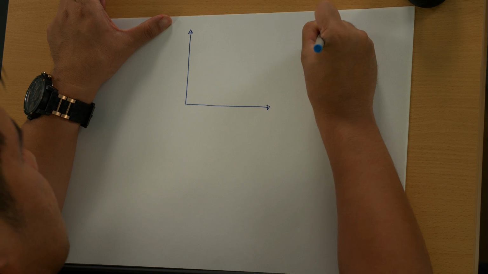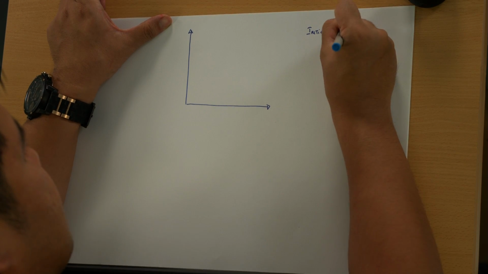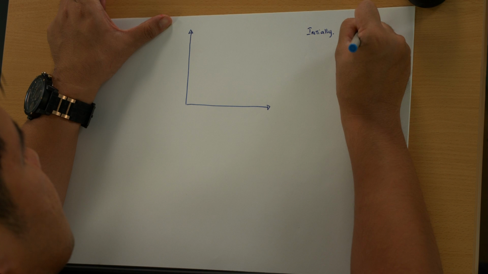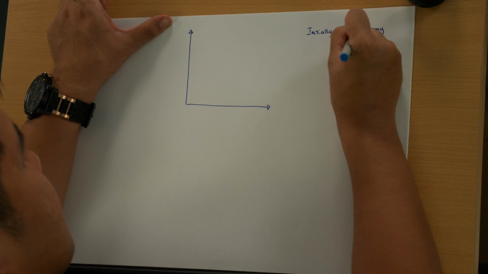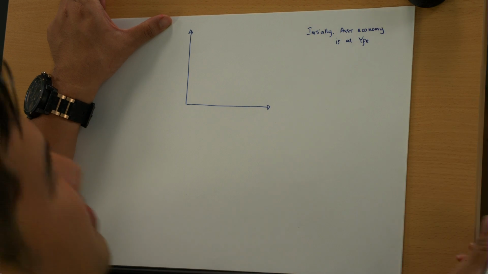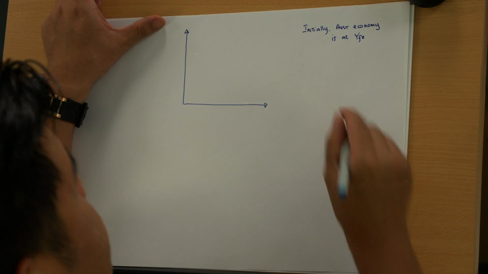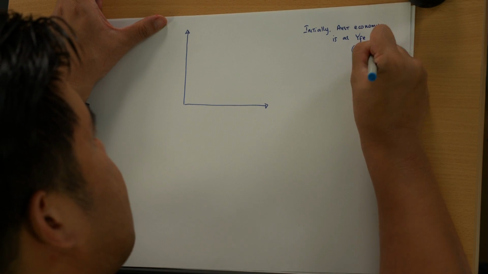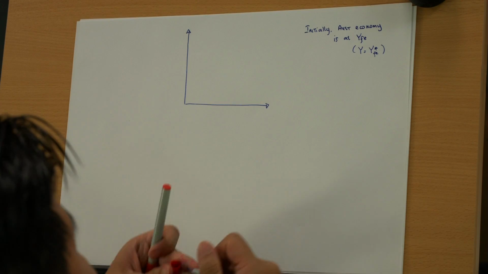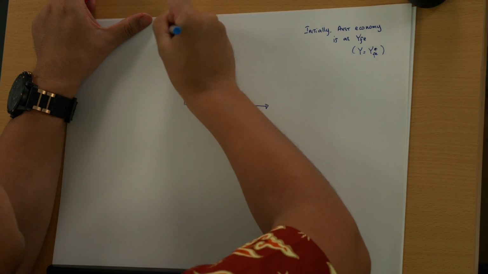Initially, our Australian economy is at the full employment, okay, at YFE. Y is equal to Y star or YFE. So we have to start somewhere.